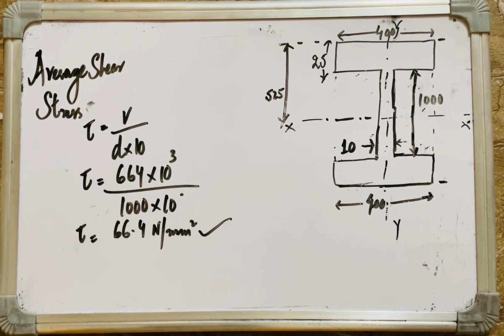So the average shear stress for this trial section of the plate girder is 66.4 Newton per mm square. I have to check it against the allowable average shear stress in stiffened webs of steel conforming to IRC 24.